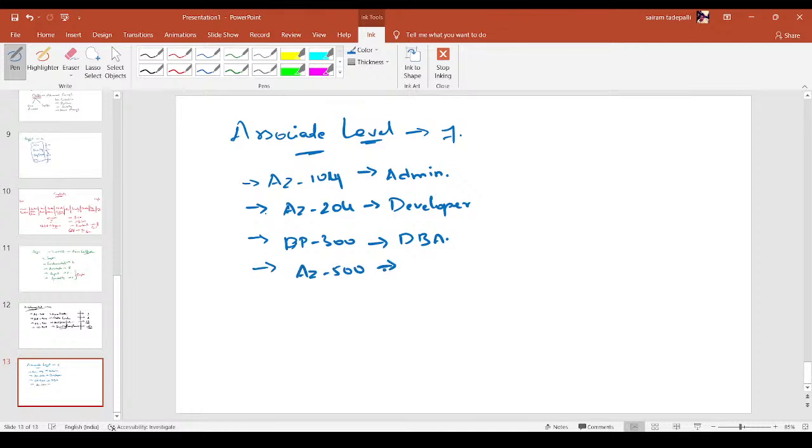Next one, AZ500. It's for security. And coming to the next one, DP203. In this DP203 we are going to discuss about data engineer. The thing which is available in DP900 is the prerequisite for DP203. So data engineer.